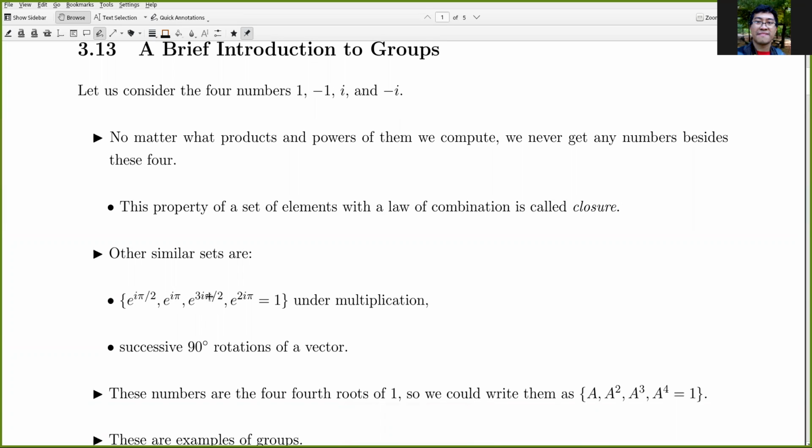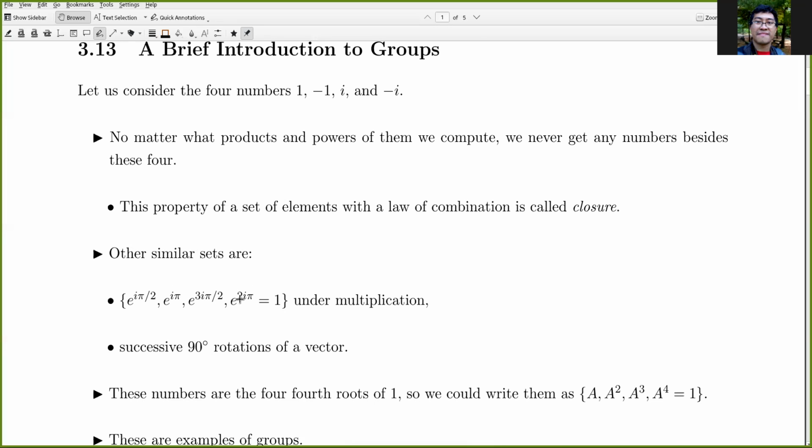e to the i pi, e to the 3i pi over 2, e to the 2i pi. Here, this is just equal to 1. And under multiplication, if we multiply them, we simply get back numbers, although some would exceed, say, 2 pi.